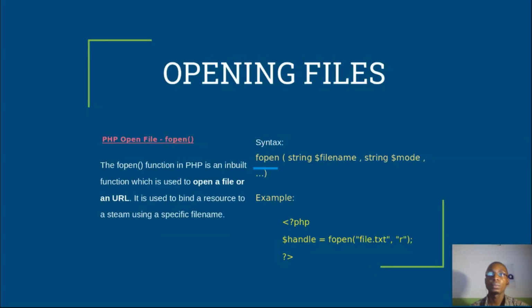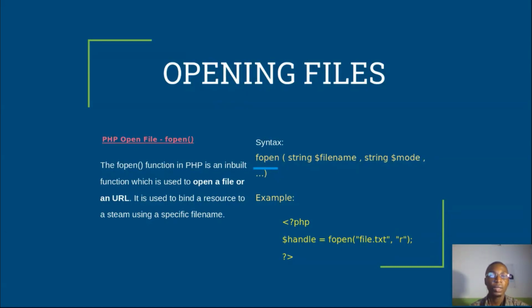Now, for you to work with a file, you must have opened the file. You can't work with a file that you've not opened, right? The PHP fopen function is used to open a file. It is a PHP inbuilt function used to open a file or a uniform resource locator.